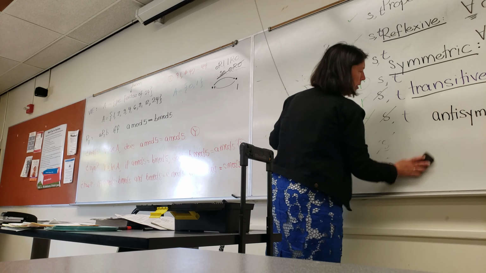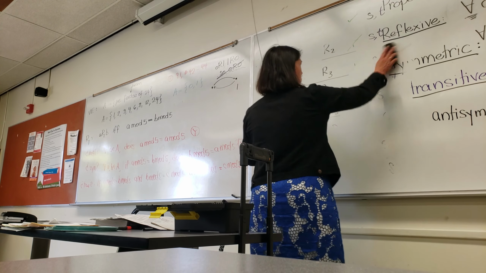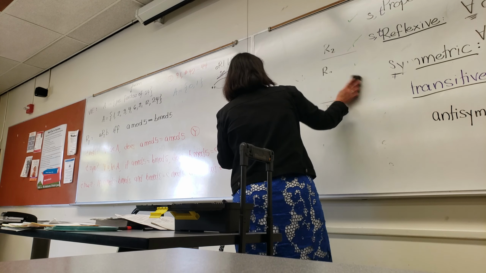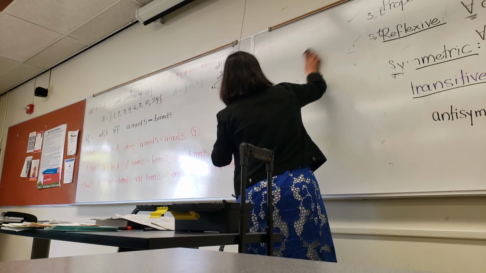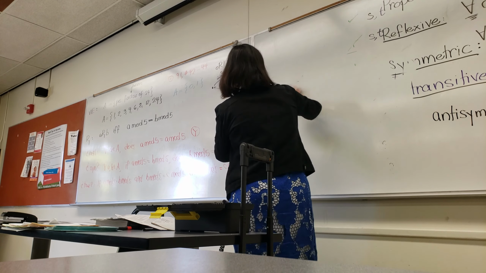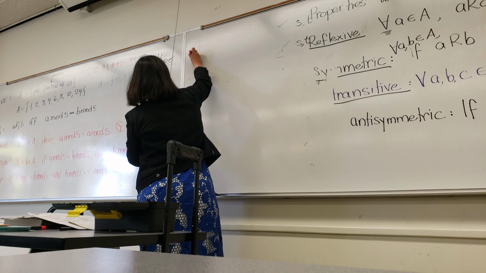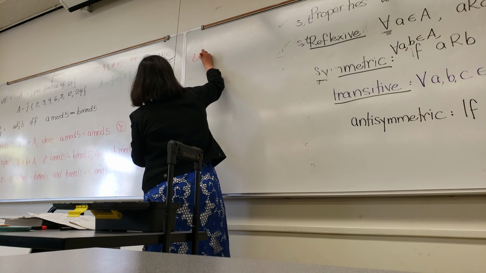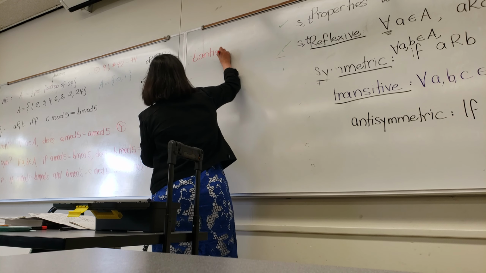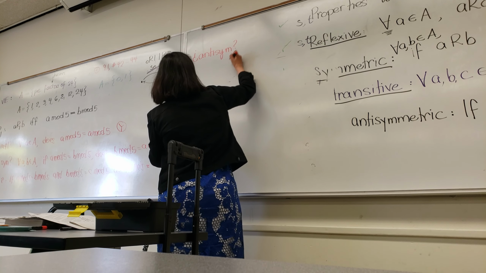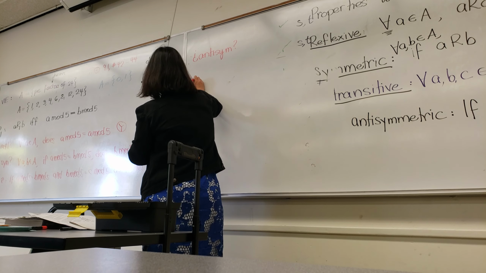And this particular type of relation, a mod relation, in general, it is not anti-symmetric, but it depends on what the underlying set is. So anti-symmetry is asking a question.